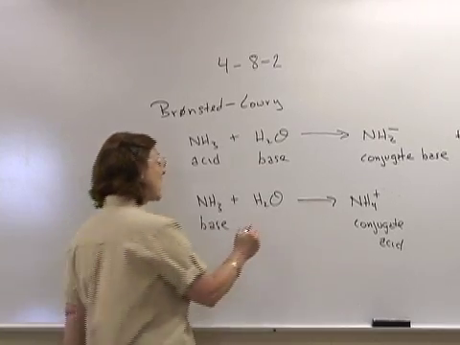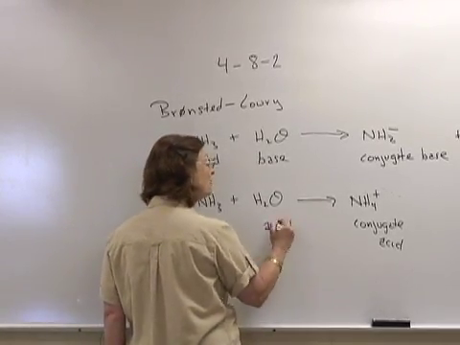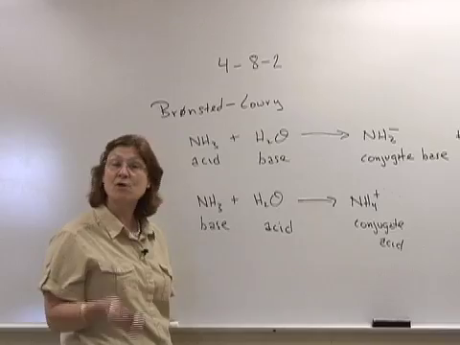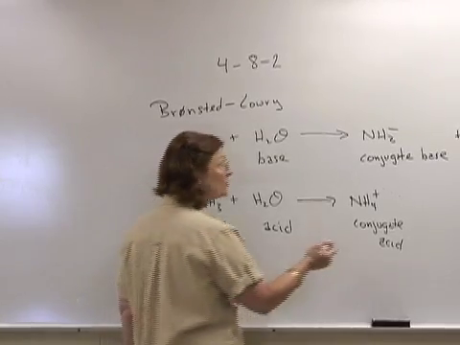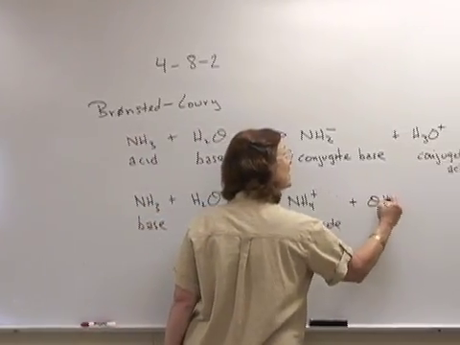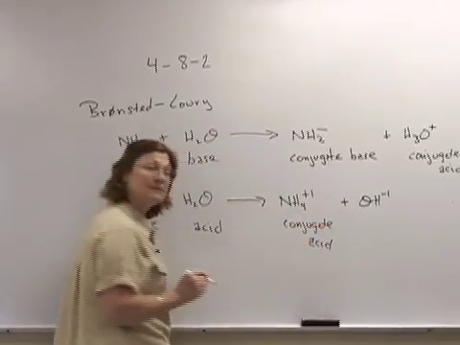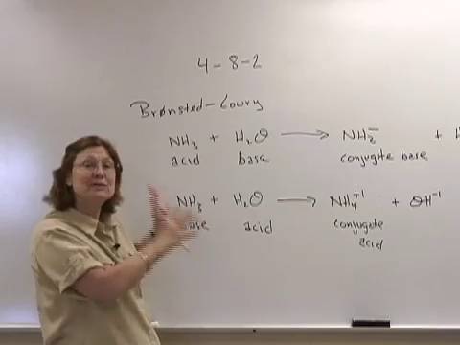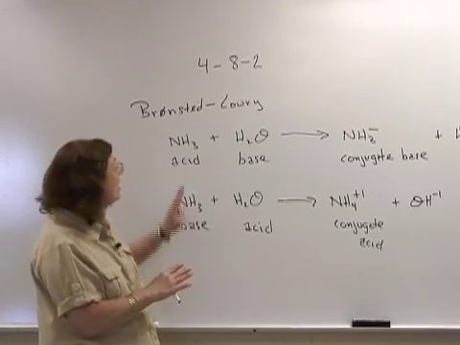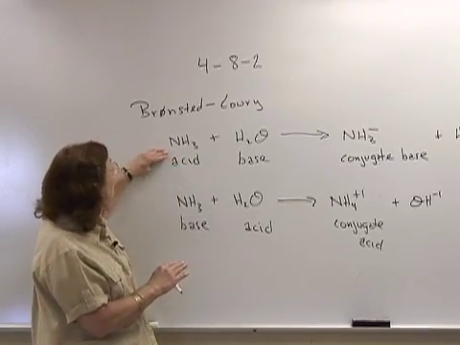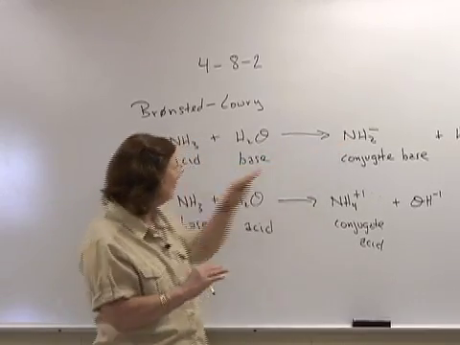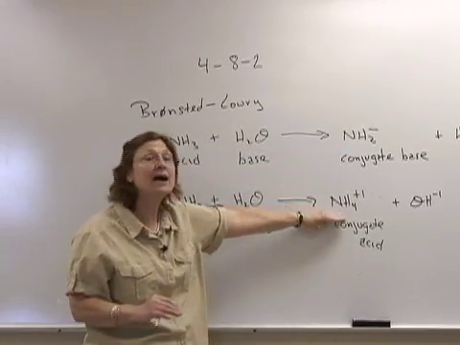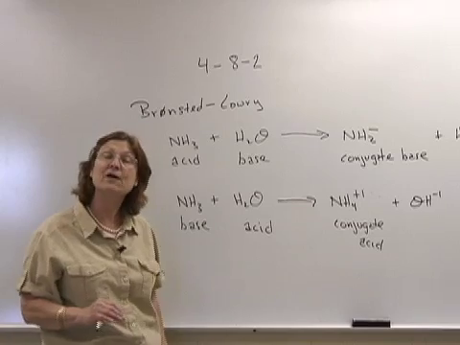Water then is going to act as the acid, and therefore it's going to donate a proton. And when it donates a proton, it's going to become the hydroxide ion. It gave up a hydrogen. So you look in the equation and you say, where did the hydrogen go? Well, this ammonia lost a hydrogen, and this ammonia gained a hydrogen, and therefore they are the pairs.